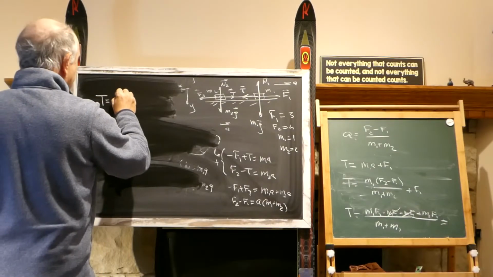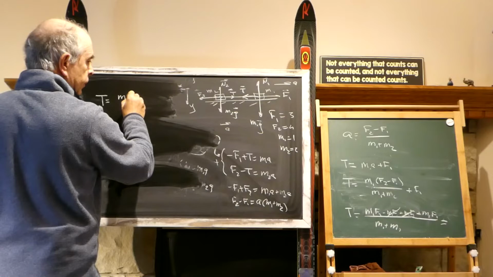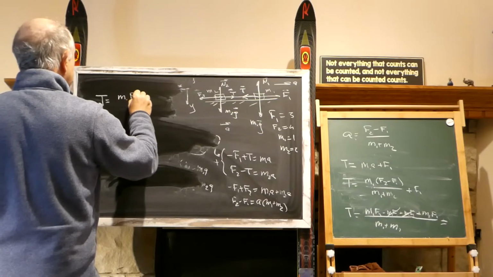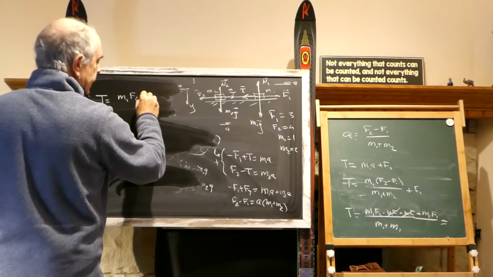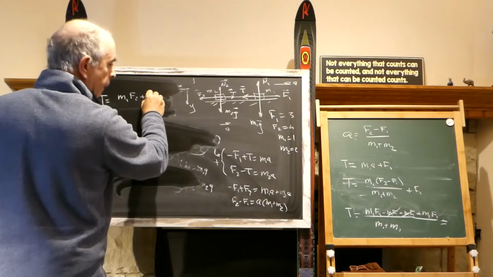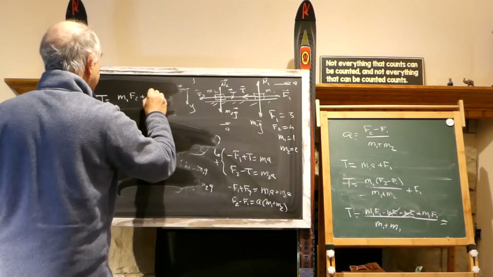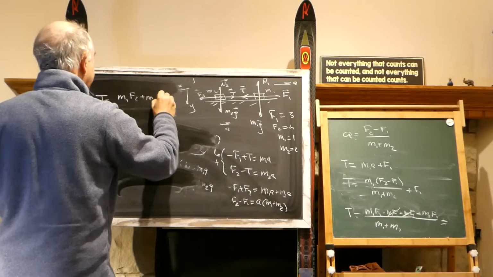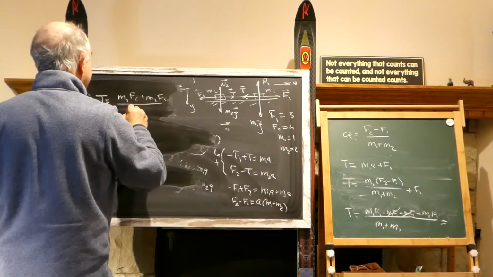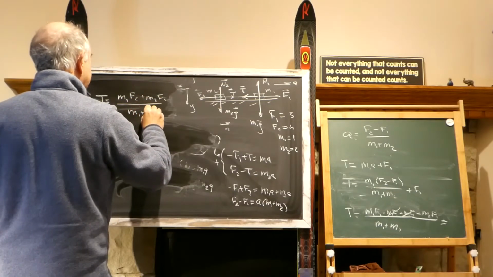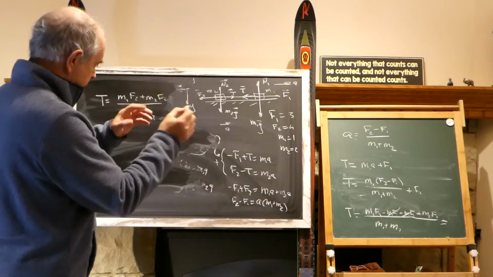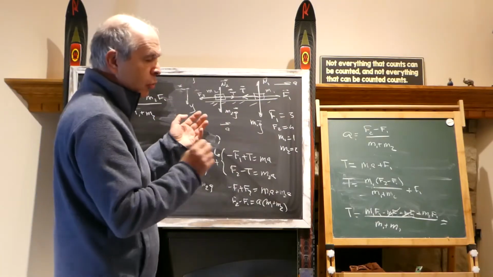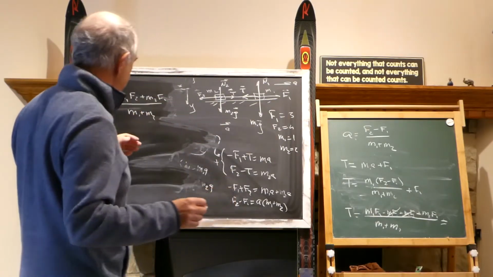We're receiving T equals M1 F2 plus M2 F1, divided by M1 plus M2. We're receiving a very symmetrical result, which makes sense because the rope doesn't know who is left, who is right, who is bigger, who is smaller.